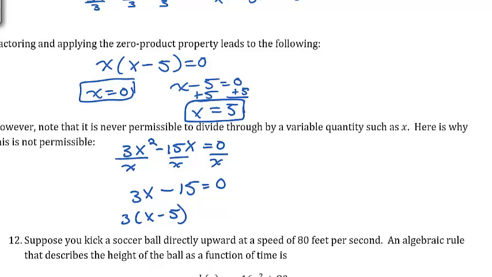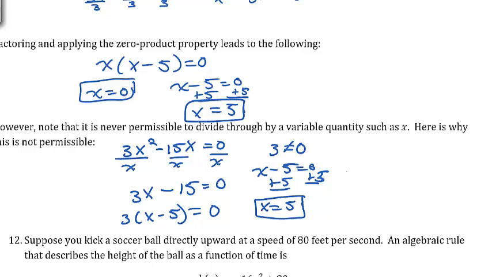That would give me 3 times the quantity x minus 5 equals 0. And this 3 can't be equal to 0, right? 3 is not equal to 0, so that doesn't give you anything. In fact, you could just divide by the 3 everywhere. And x minus 5 equals 0. We would add 5 to both sides. And it gives us x equals 5. So we lost a solution.